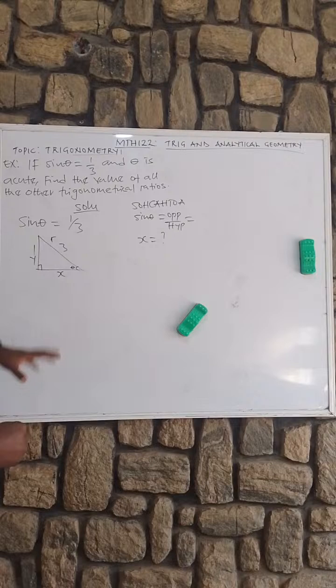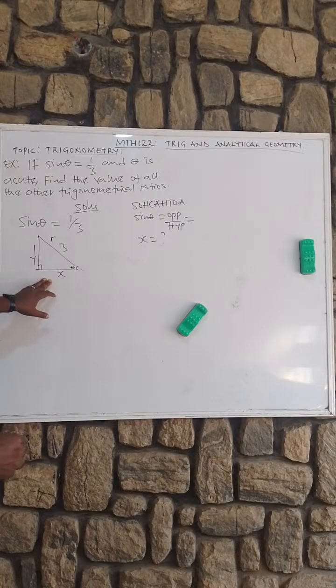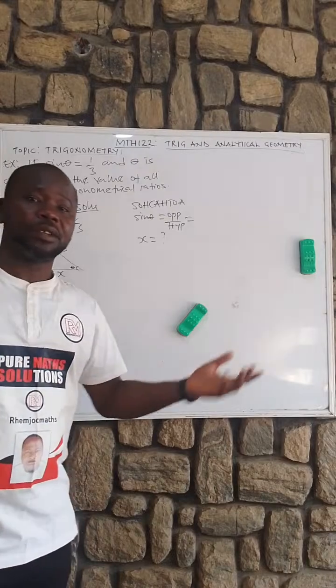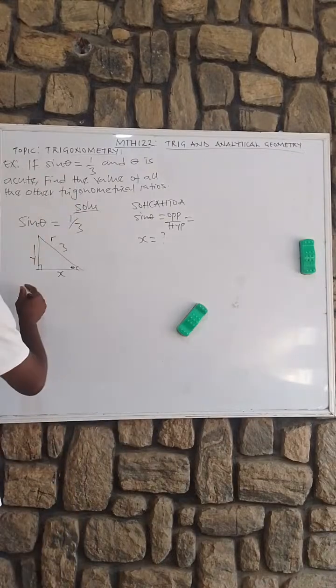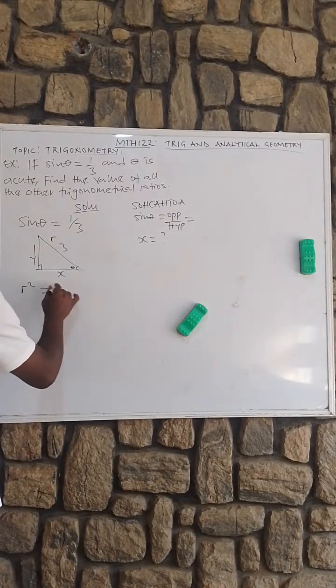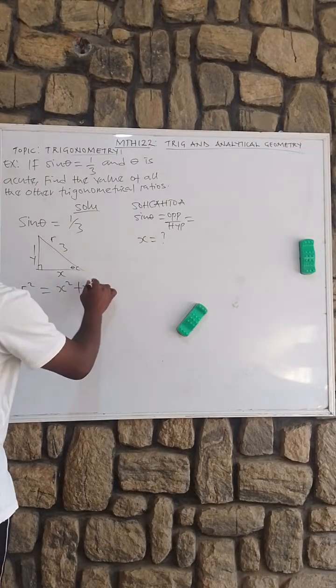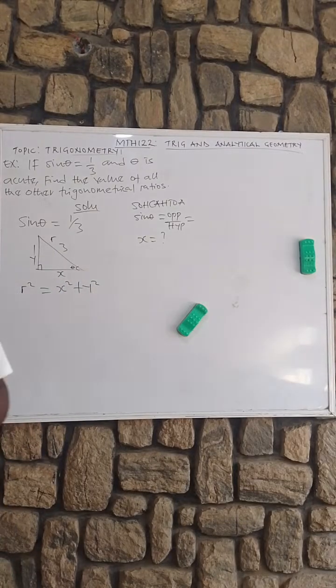So when you come across something like this, you don't need a prophet to tell you what to do. First recall your Pythagoras theorem. Pythagoras theorem is r squared equals x squared plus y squared. True or false? It's true.